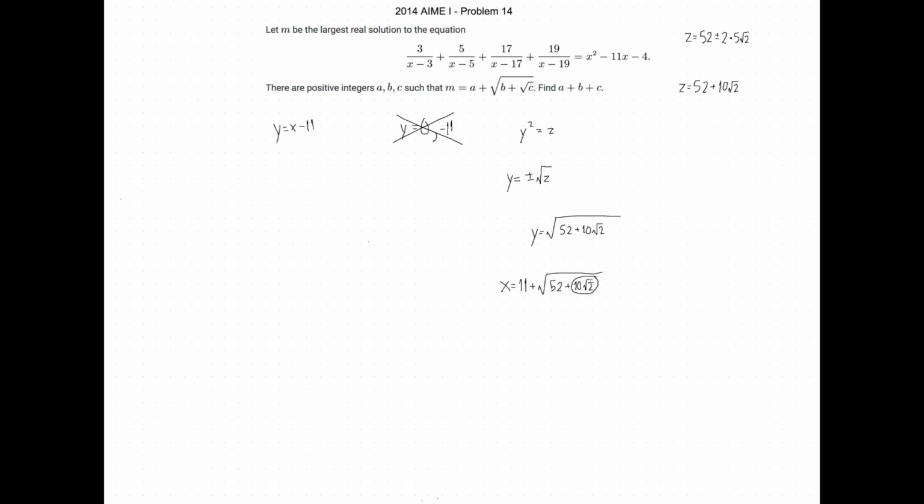So we need to change this. We need to move the 10 inside the radical, and 10 squared times 2, that's root 200. So our answer is 11 plus 52 plus 200. That gives us 263.